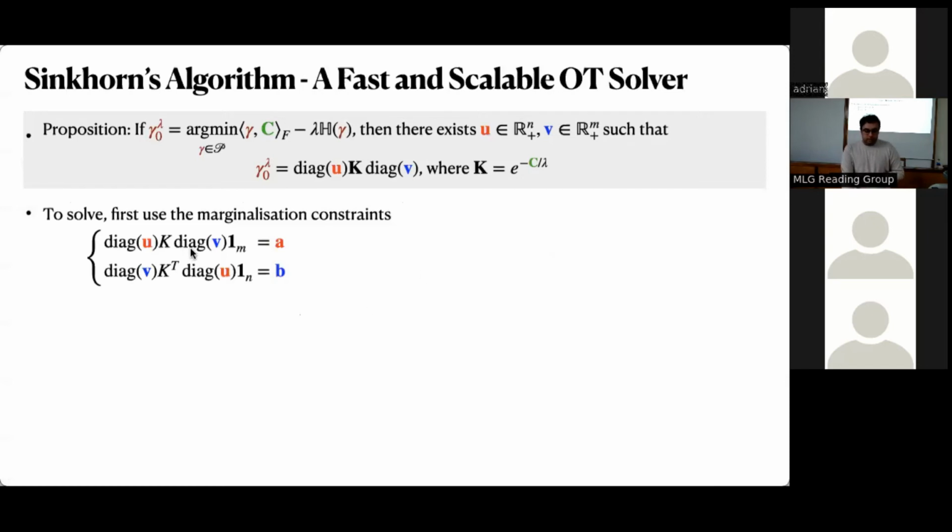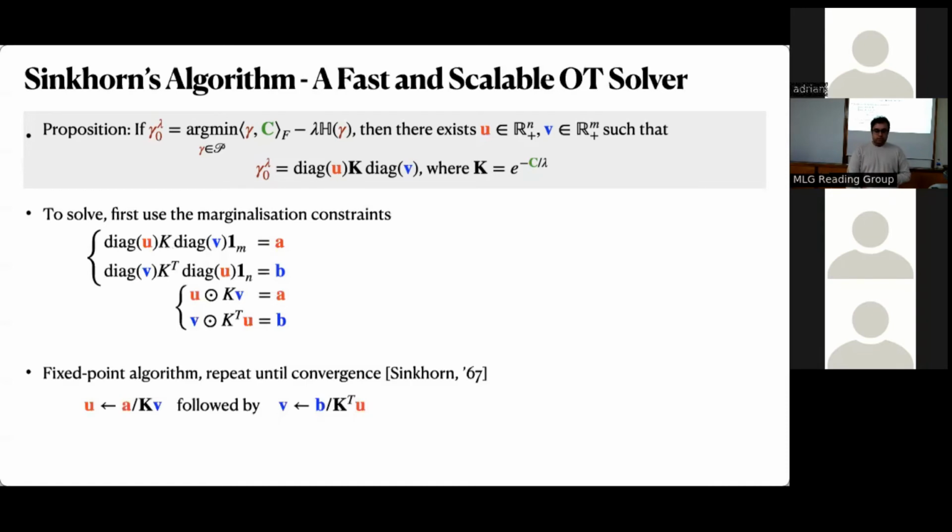Now a diagonal matrix times the unit vector just gives you the vector, and a diagonal matrix times another vector basically gives you the pointwise multiplication of the two vectors. So you end up with u pointwise multiplied with Kv equals A, and v pointwise multiplied with K transpose u gives you B. Right. And in general, that ends up being a fixed point iteration algorithm that exactly solves this and converges to the true solution.